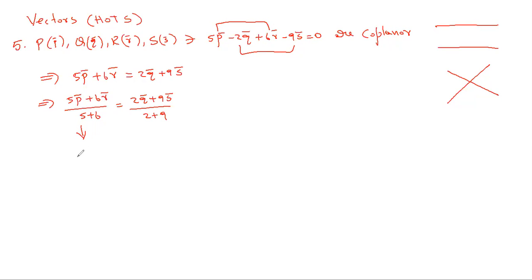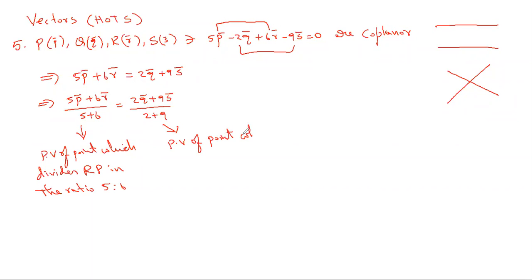So this is the position vector of the point which divides RP in the ratio 5:6, and it is equal to the position vector of the point which divides, what is this, QS means SQ, SQ in the ratio 2:9. The point which divides SQ in the ratio 2:9.